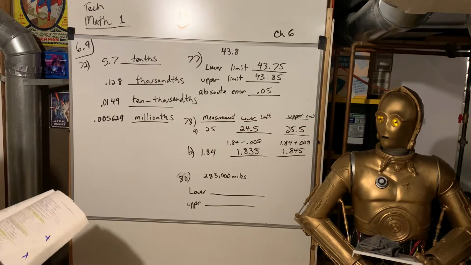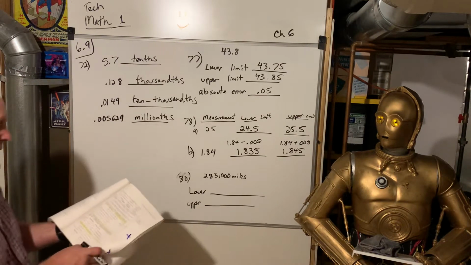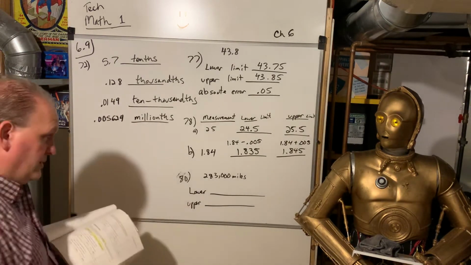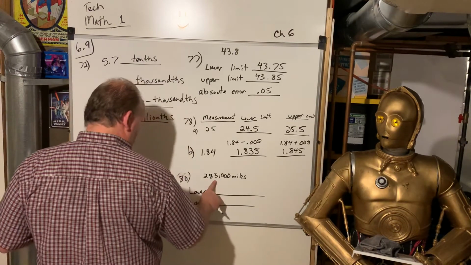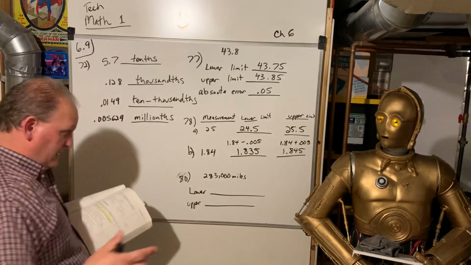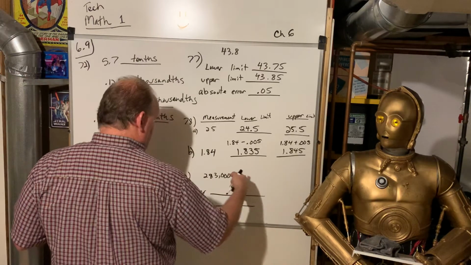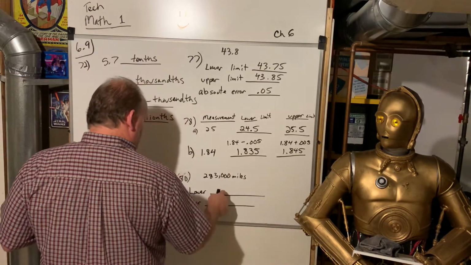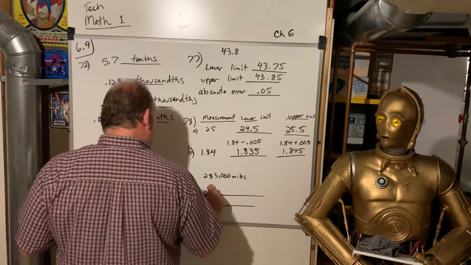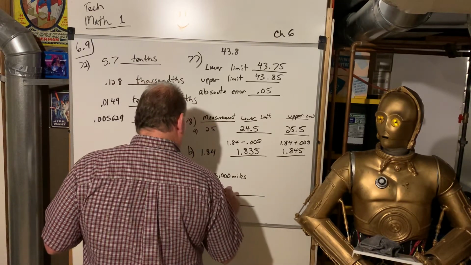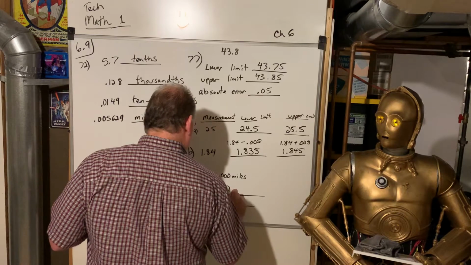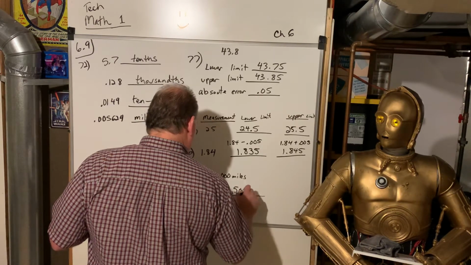Those are the limits. What about like number 80, where it's not only a whole number, but it's all the way to thousands place? Well, then if you were thinking hundreds place, you'd be right. So half of 1,000 is 500. So I would subtract that away from that, 28,250.